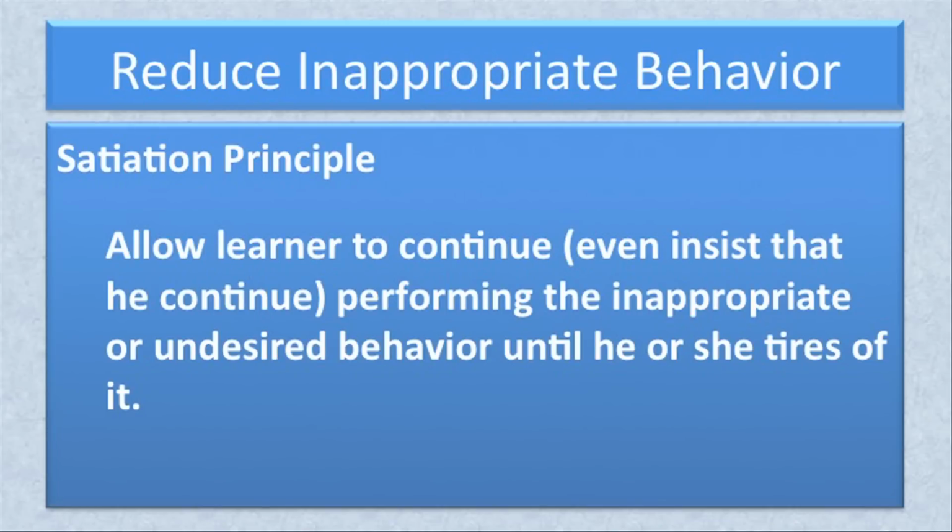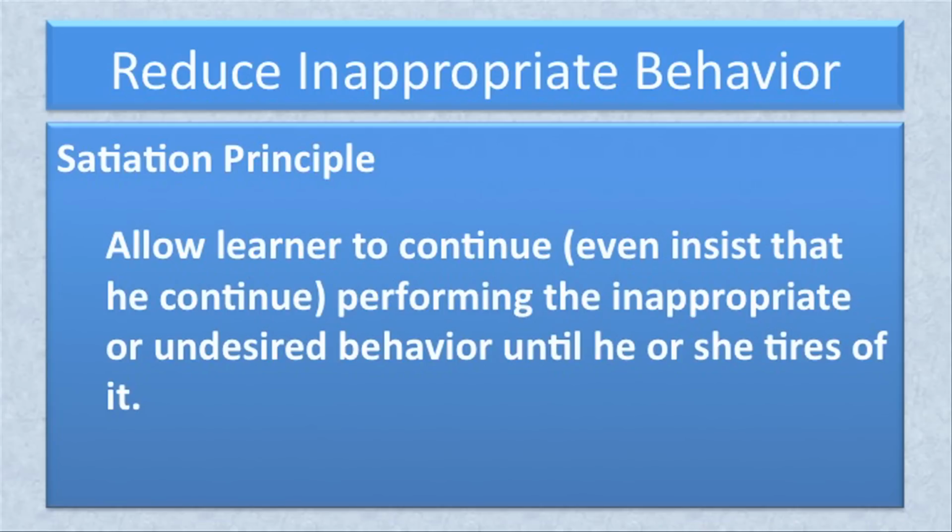There are several methods that can be used to reduce inappropriate or undesired behavior. One that might not be obvious is the satiation principle. The basic concept of operant conditioning theorists is that all behavior, that is, all responses, are under the control of a stimulus, that is, a consequence. If a behavior persists, it is because it is being reinforced.